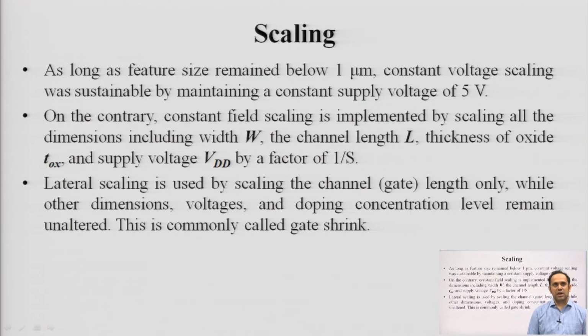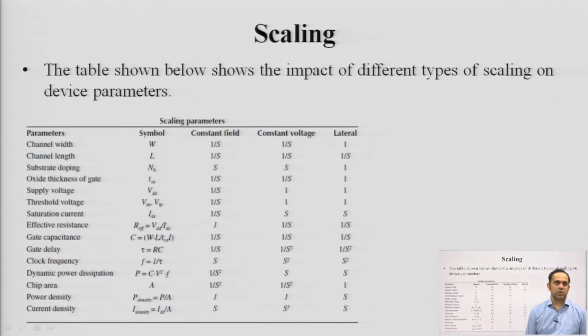This has limited applications, because if you scale down one parameter and keep others constant, it produces fabrication challenges. The table shown on the slide shows how much impact scaling has on different parameters.